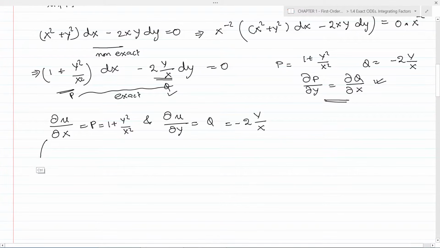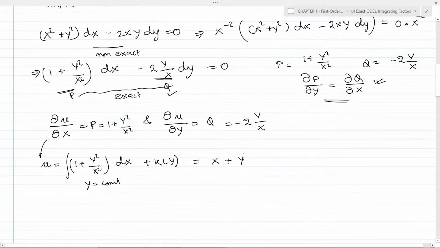So, from this first equation we can write u equal to integration of (1 plus y square by x square) dx, and while integrating we keep y equal to constant, plus k of y. Now, integral of 1 dx is x, y is a constant.